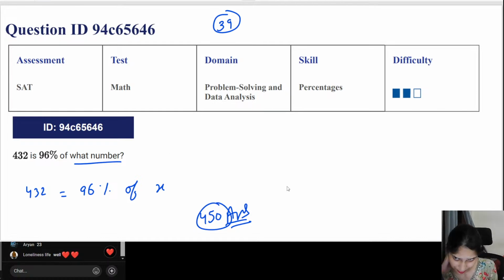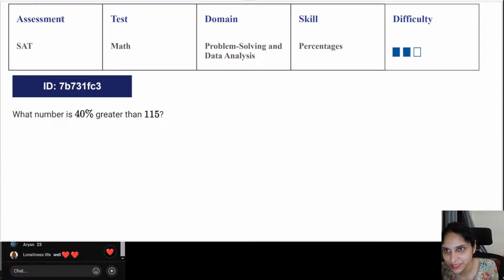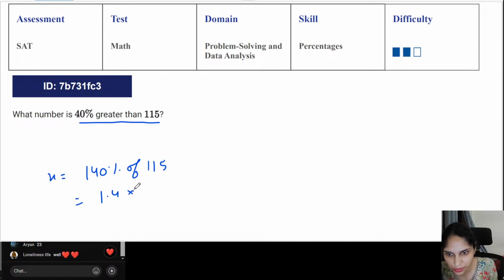All right. Next is question number 40. What number is 40% greater than 115? It is not 40% of 115. 40% greater than 115 means 140% of 115. So you just have to do 1.4 times 115.